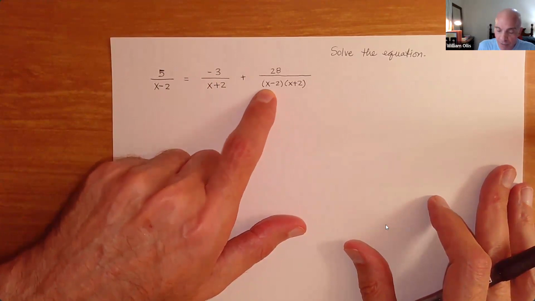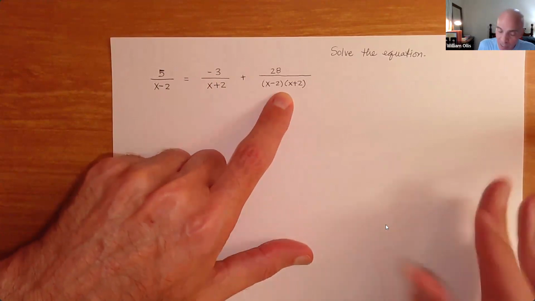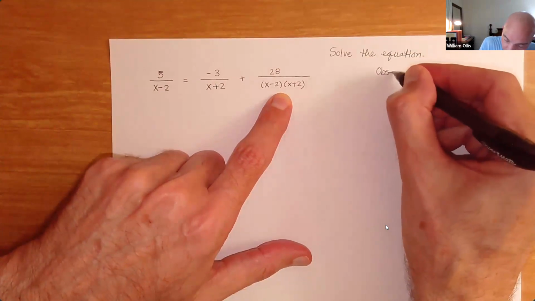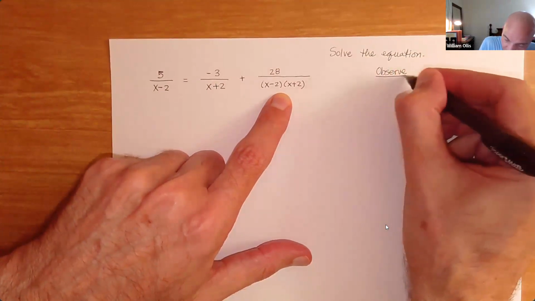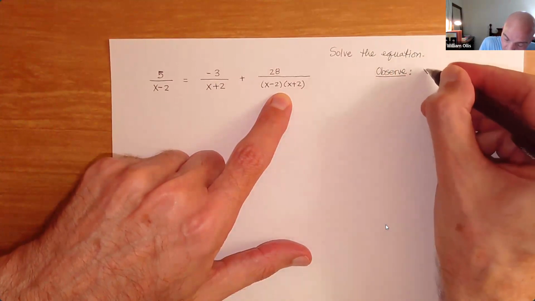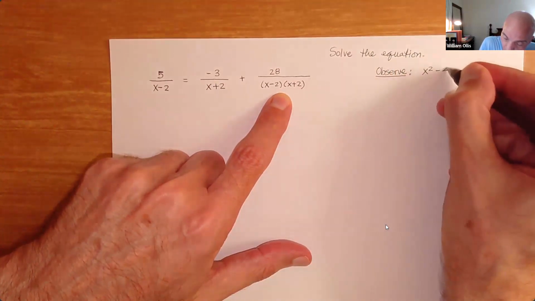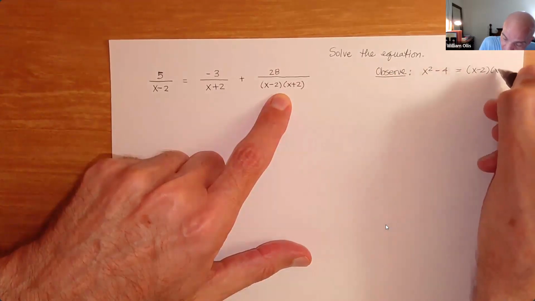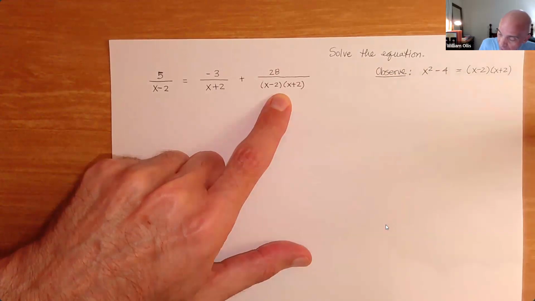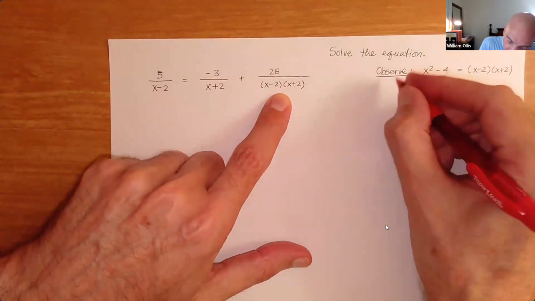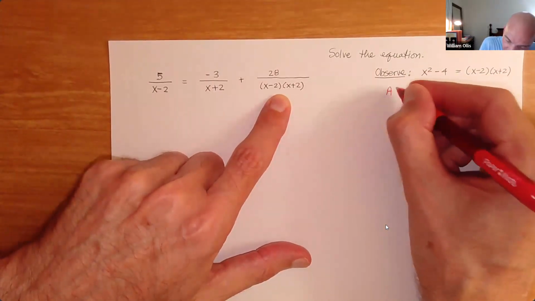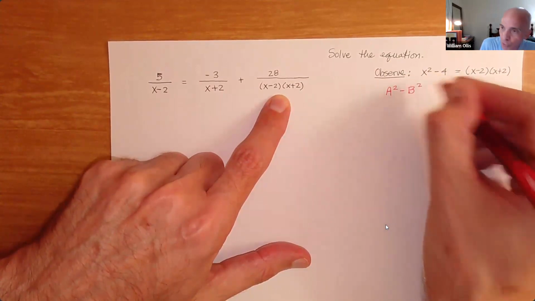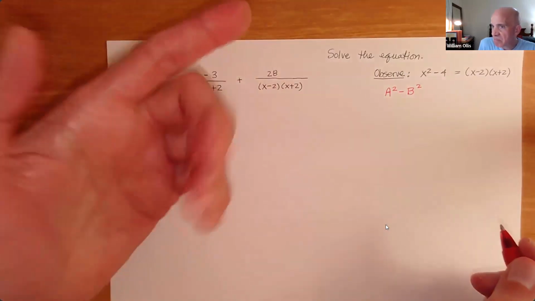And so instead of this being x squared minus 4, just observe. This is, like I say, a fundamental identity. We know that x squared minus 4 equals x minus 2 times x plus 2. And that fundamental identity, we can use A's and b's if you want to represent any particular expression, if you like.